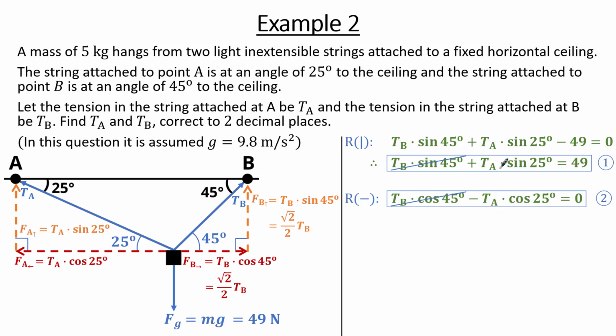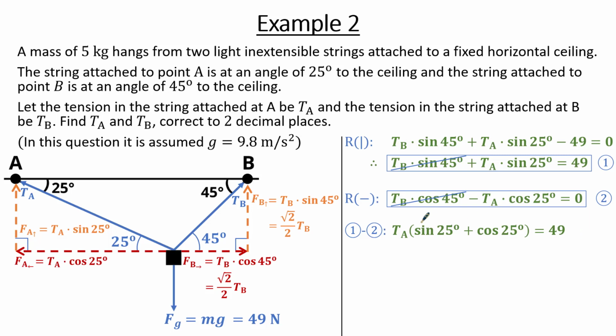So then we're left with TA multiplied by sine 25 degrees minus TA multiplied by cos 25 degrees, and this equals 49 minus 0. So putting that together and factoring TA, I have TA multiplied by sine 25 degrees plus cos 25 degrees equals 49.